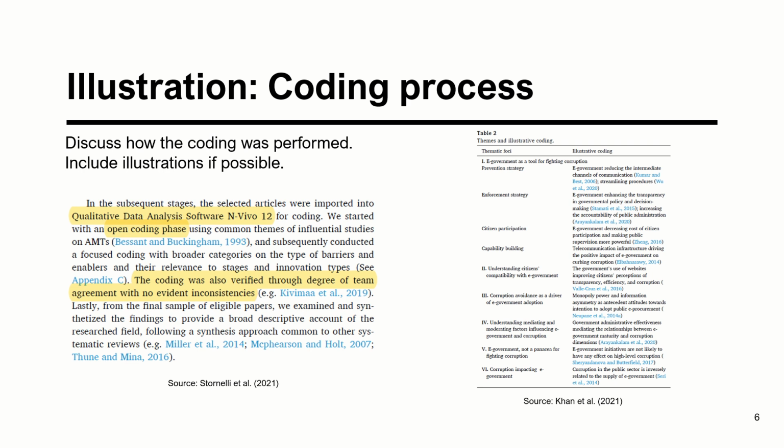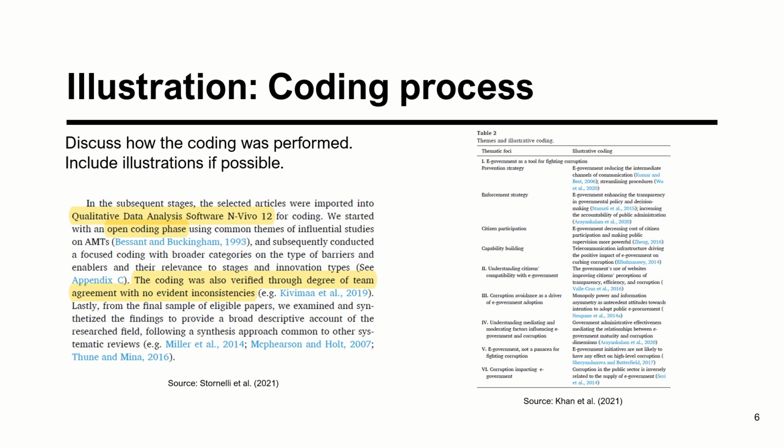And very important, going back to transparency and replicability, it's important to engage several coders. Like you see in this article from 2021, the coding was also verified through a degree of team agreement with no evident inconsistency. So if you're engaging more coders, there is a certain aspect of intercoder reliability, and that helps you substantiate what you've found.